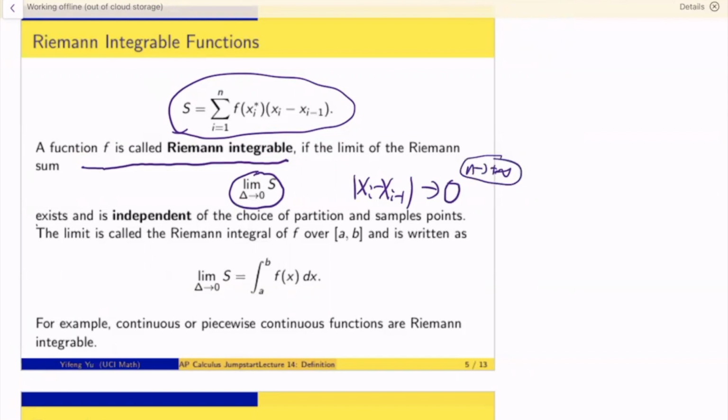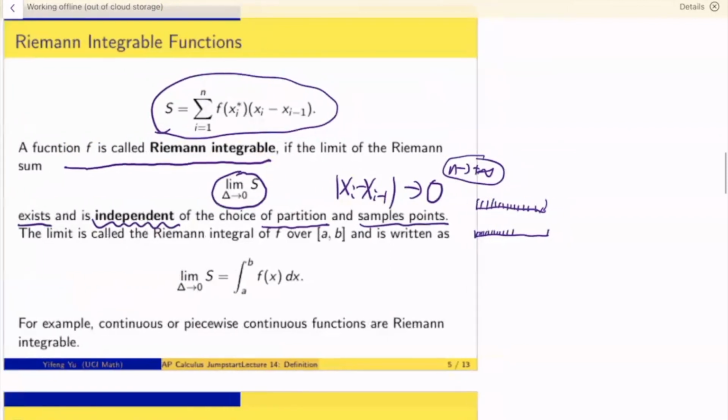Now, if the limit exists and is independent of how you choose to divide the interval and how you select those sample points, regardless of how you do it, as long as you make the partition finer and finer, then the limit exists.